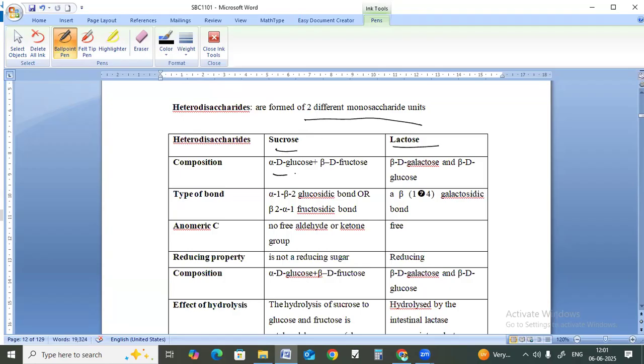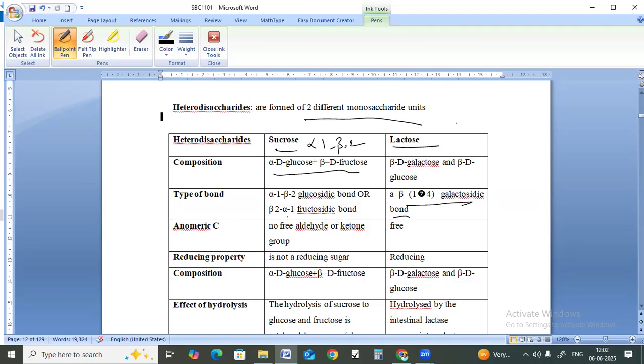Sucrose mainly consists of alpha-D glucose and beta-D fructose, which are linked by an alpha-1, beta-2 glycosidic bond. Whereas lactose contains beta-D galactose as the first unit and glucose as the second unit, and galactose and glucose are linked by a beta-1,4 glycosidic bond.